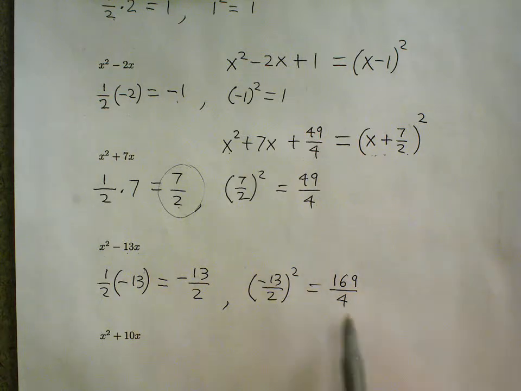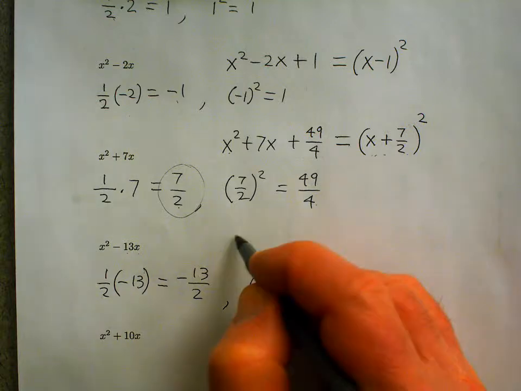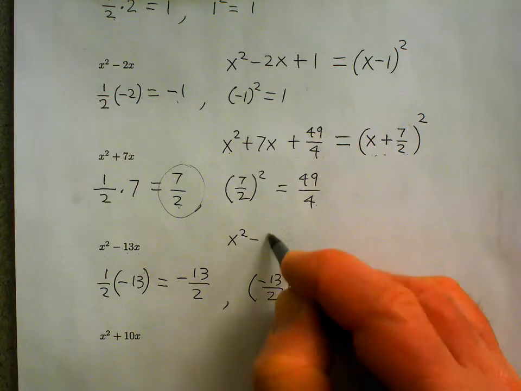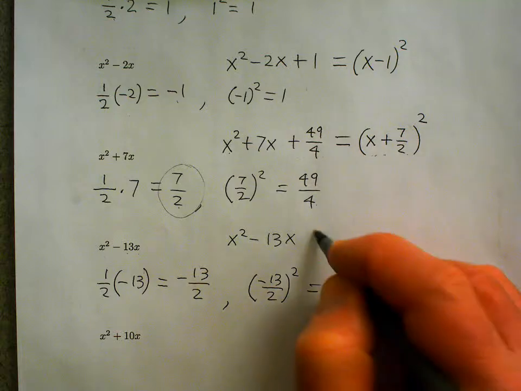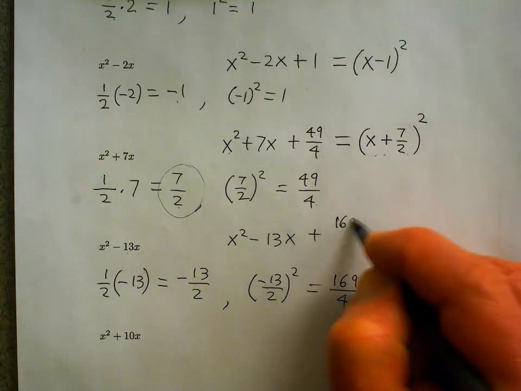Then when we create a perfect square trinomial, we do so in this case by adding 169 over 4. So x squared minus 13x plus 169 over 4.